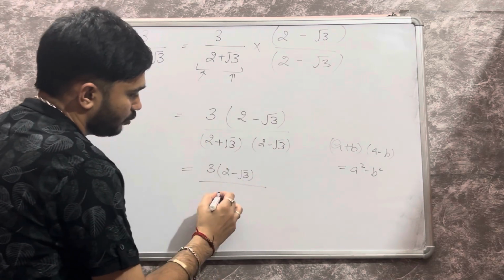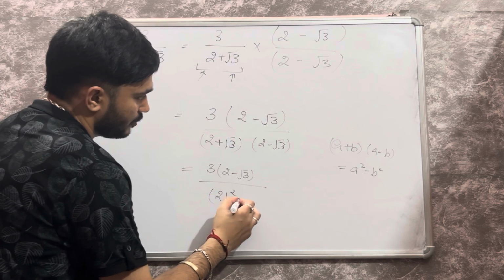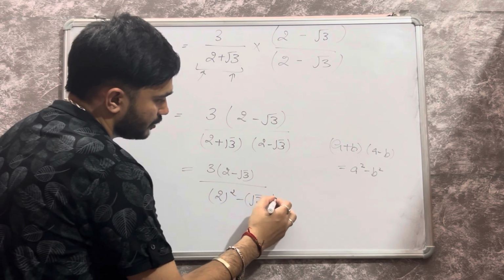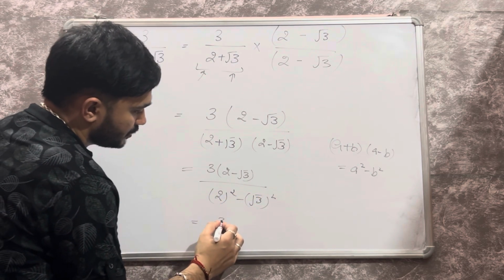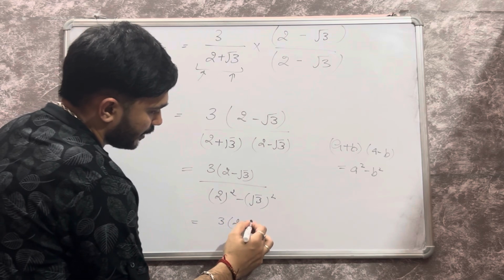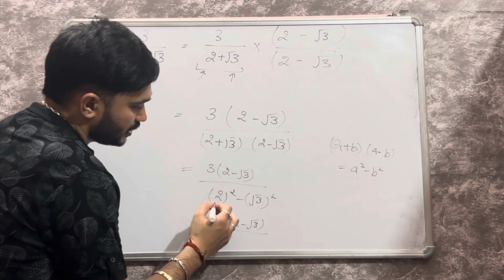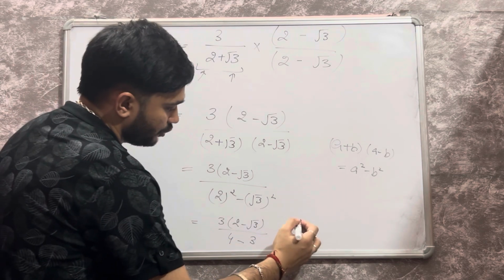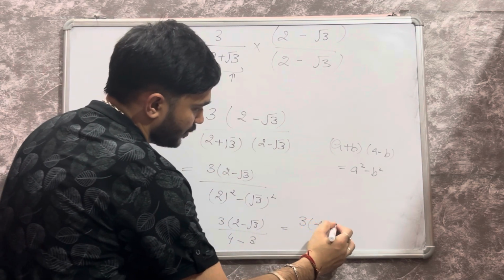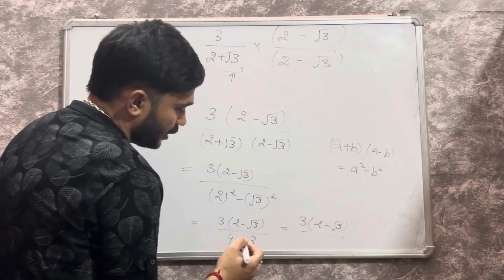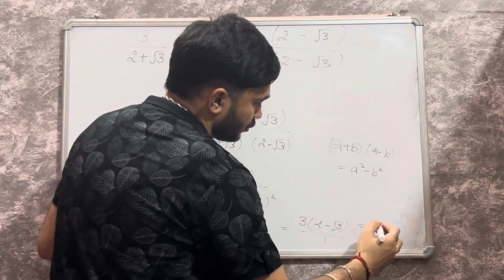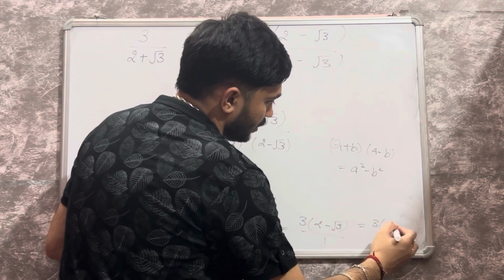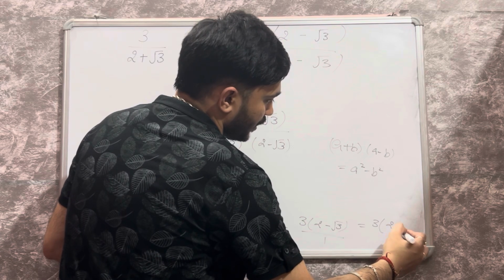In the denominator you have 2 square minus under root 3 square. So 3 bracket 2 minus under root 3, divided by 2 square is 4 minus under root 3 square is 3. So you will get the answer 3 into 2 minus under root 3 divided by 4 minus 3, which is 1. So you will get the answer 3 bracket 2 minus under root 3.